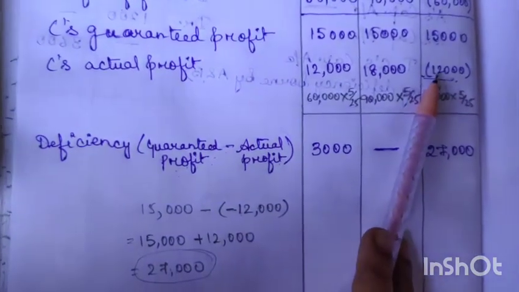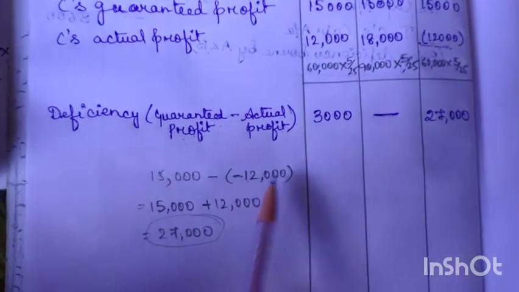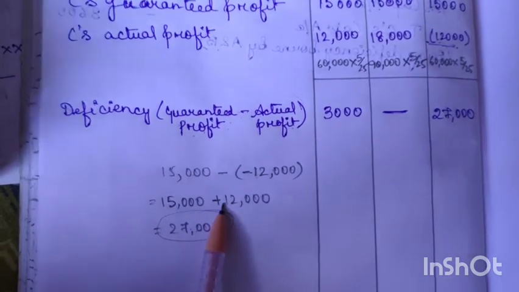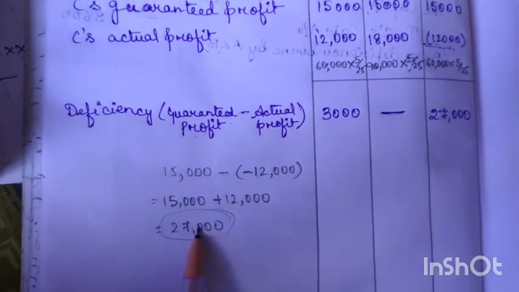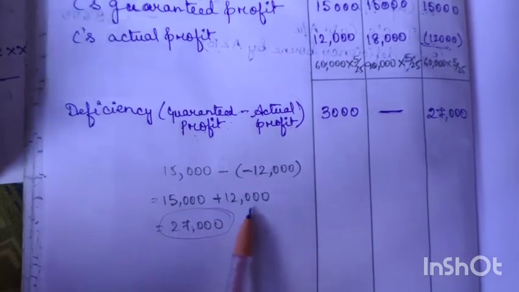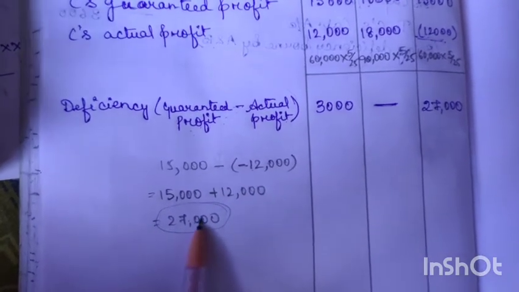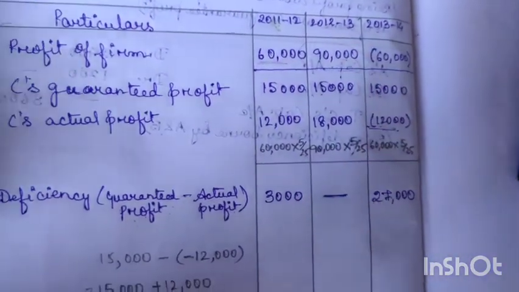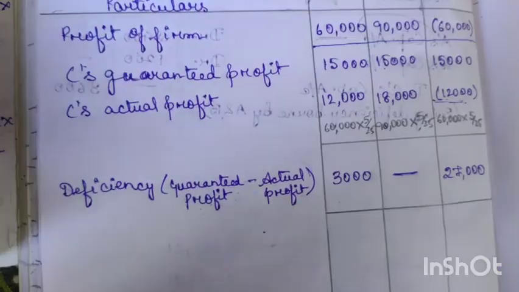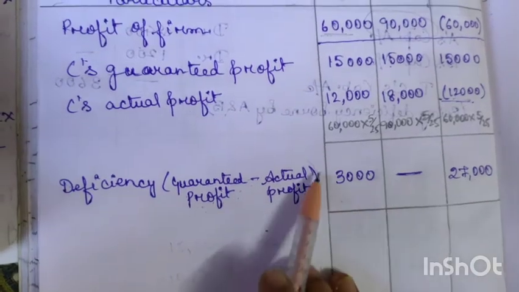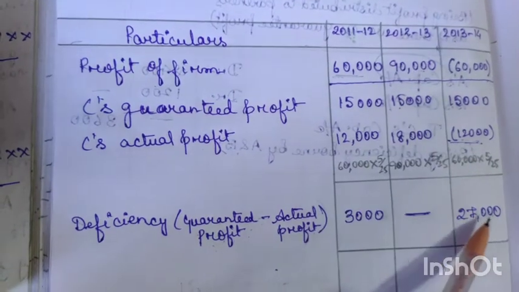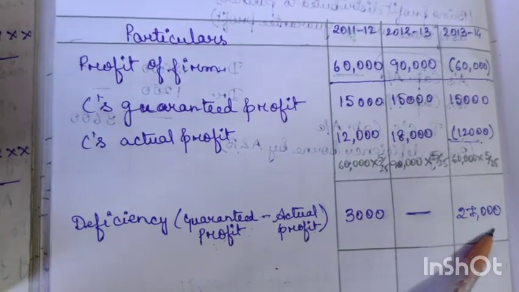Because there was a loss, so minus 12,000. As we all know the rule, minus minus becomes plus. So 15,000 plus 12,000, we will get 27,000. So the total deficiency for 13 to 14 is 27,000. Now this is the deficiency for 2011 to 12, and for 2013 to 14 the deficiency is 27,000.